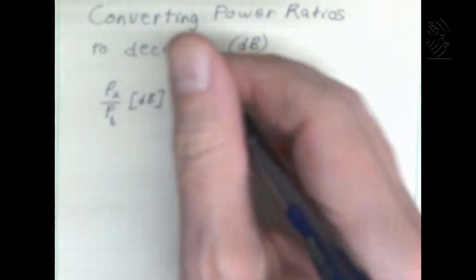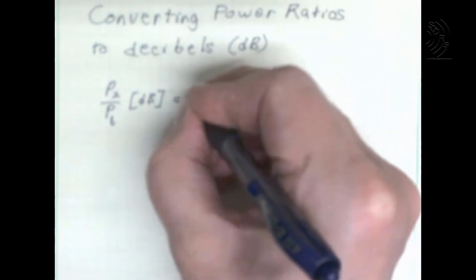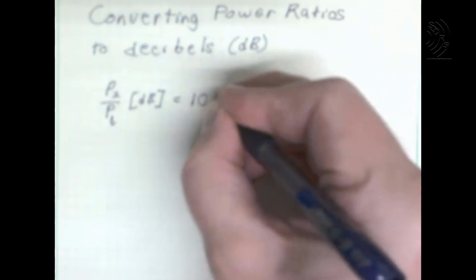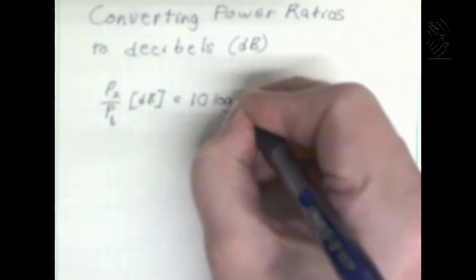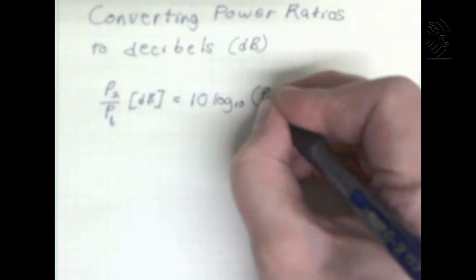We want to convert that to decibels. And that is 10 log 10 of P2 over P1.